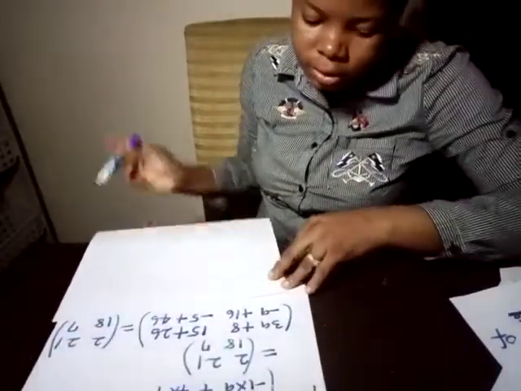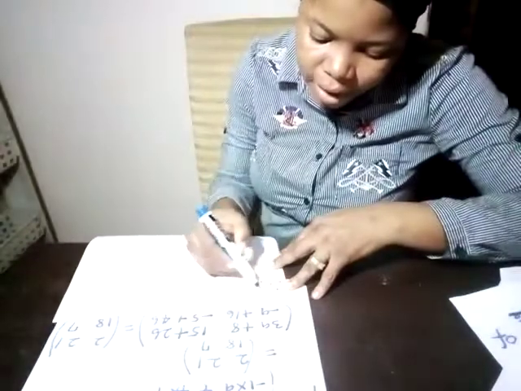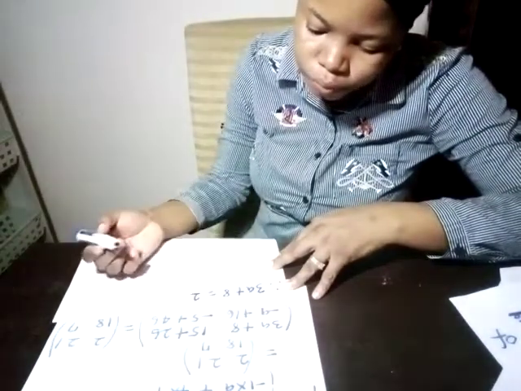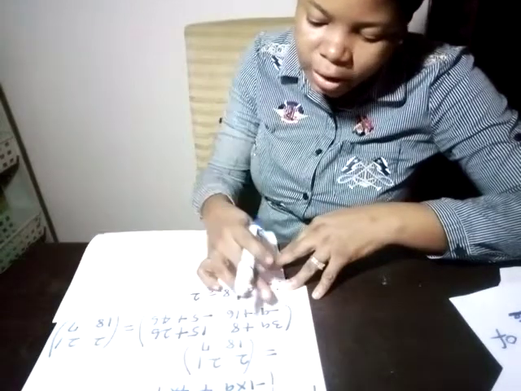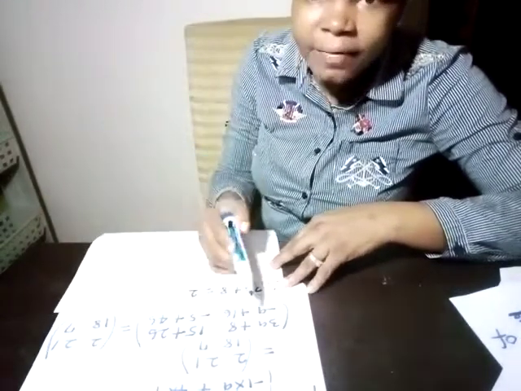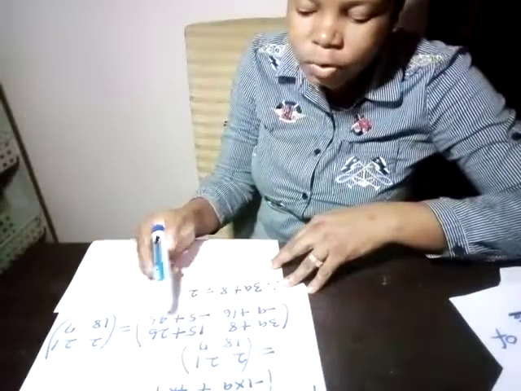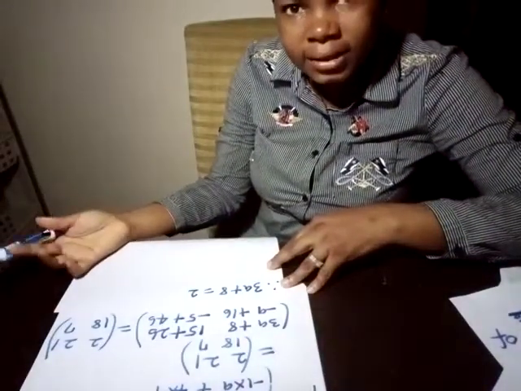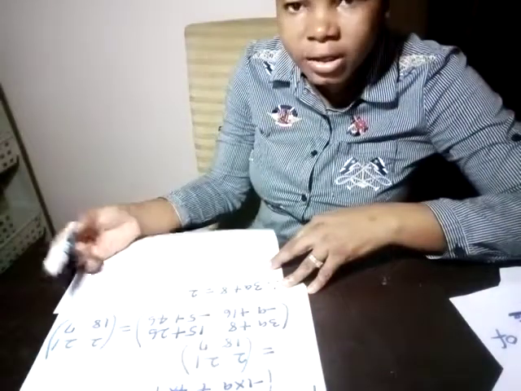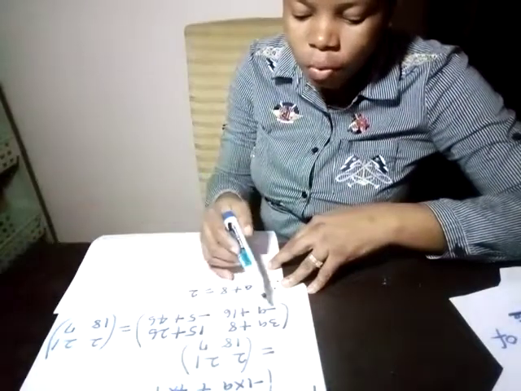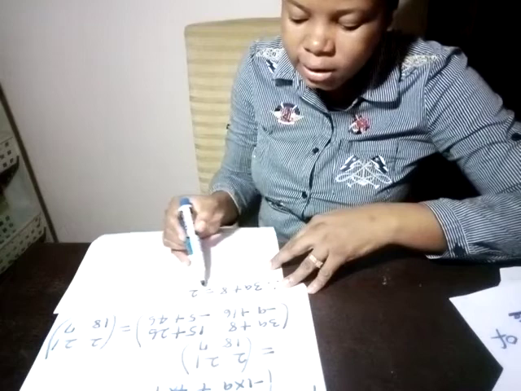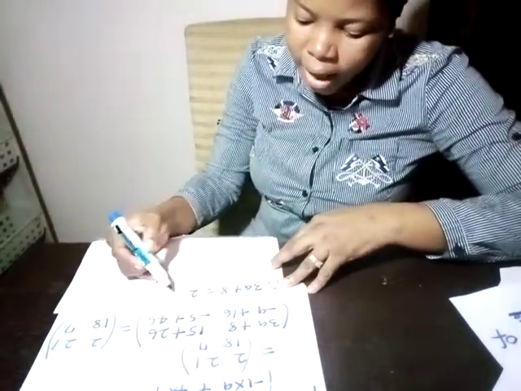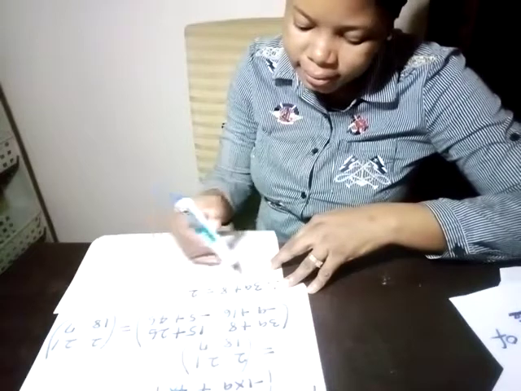So let's look at this. I have 3a plus 8 equals 2. You can use the first row. You can see I have a here and I have b here, so I can use the first row to get my a and b. Alternatively, you can use the second row to get your a and b also. So what I need is 3a plus 8 equals 2.